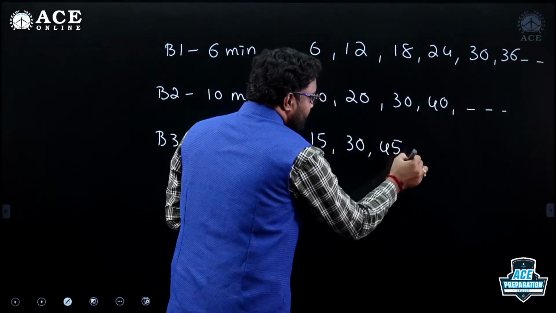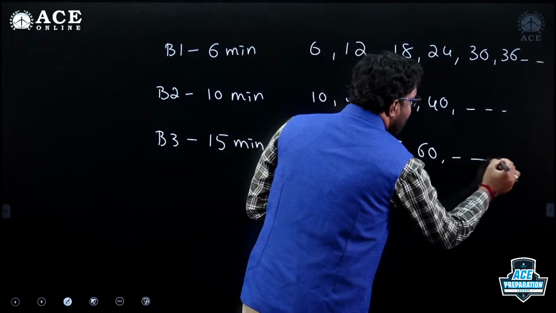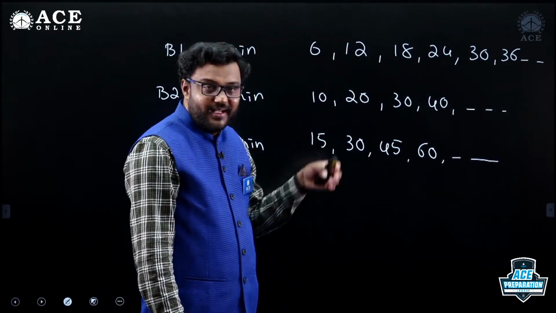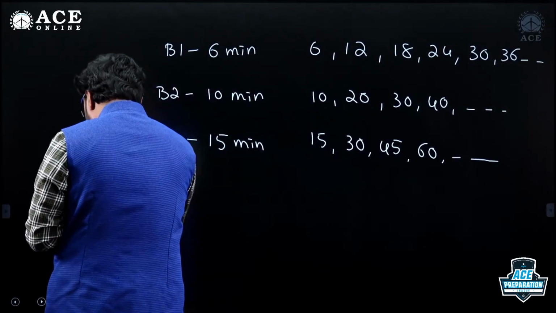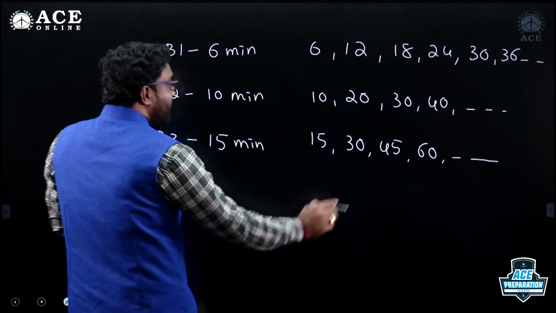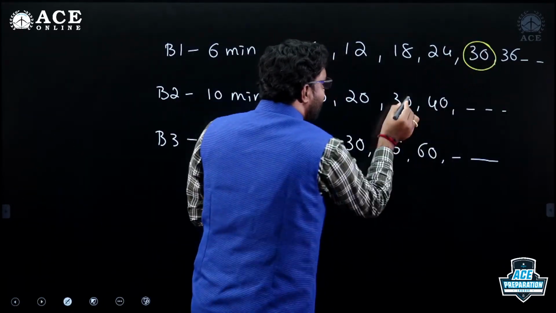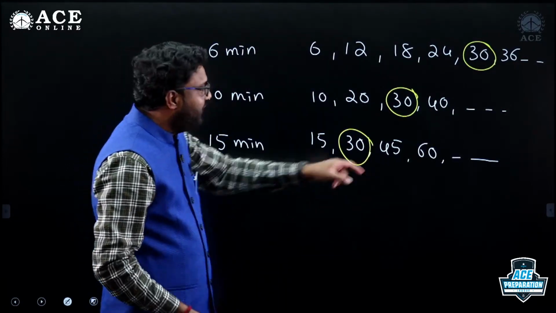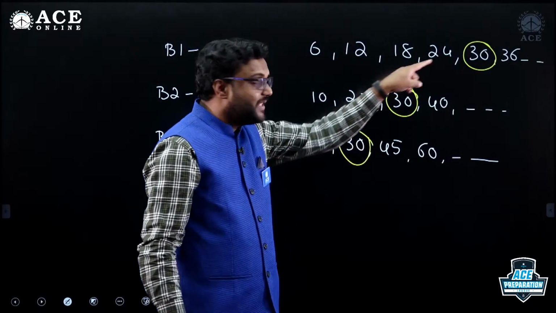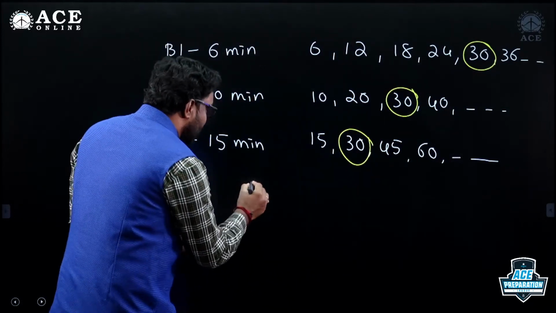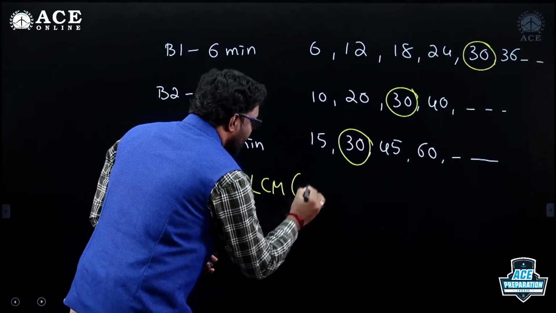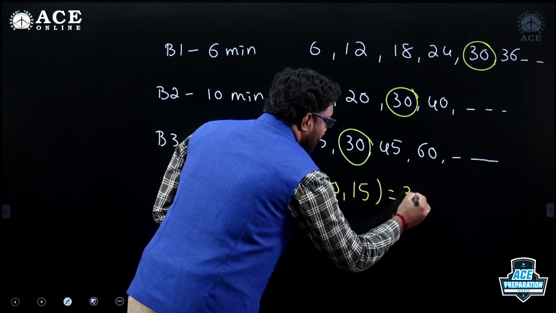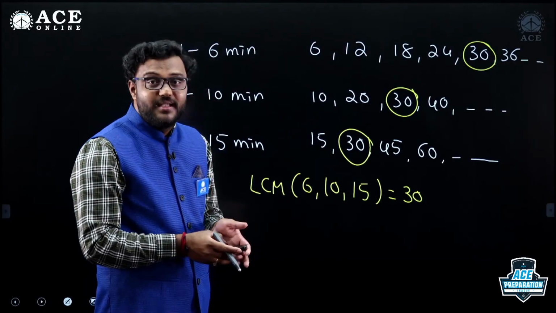When all three bells ring together, this is what we discussed in LCM: after 30 minutes, which is the LCM of 6, 10 and 15. After 30 minutes, all three bells will ring together.